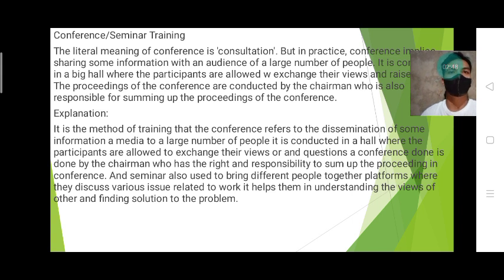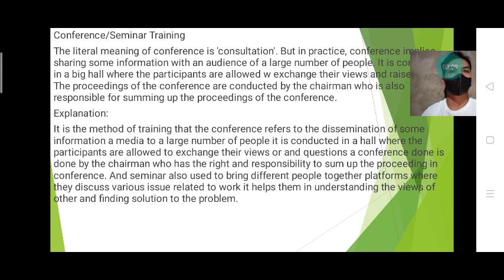the conference. So when we say conference seminar training, it is the method of training where the conference refers to the dissemination of some information to a large number of people. It is conducted in a hall where the participants are allowed to exchange their views or ask questions.